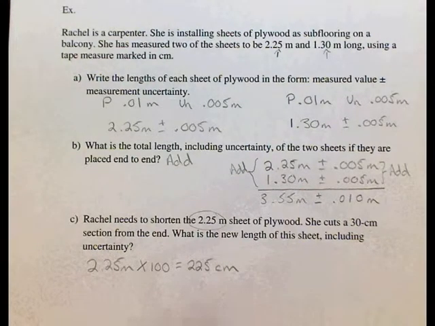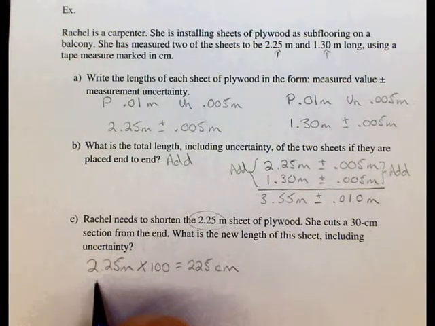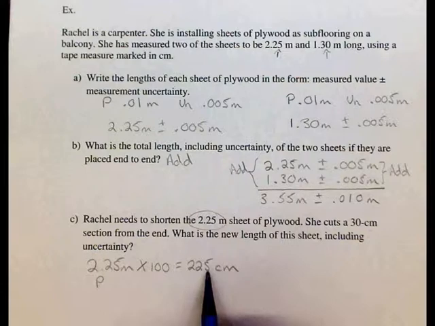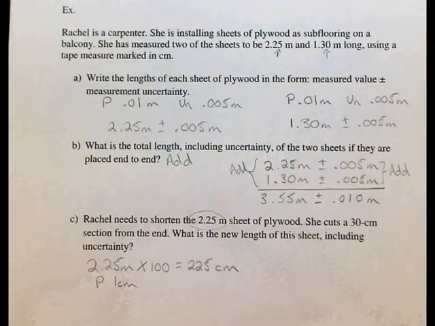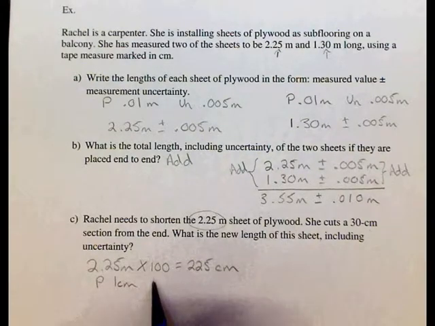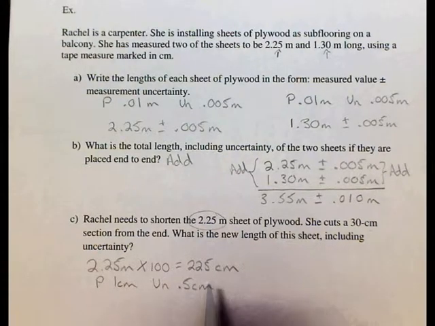From here, I get my precision. My precision on this piece, which is the 5, holding a 1's place value, is 1 centimeter. My uncertainty for this piece is half my precision. Uncertainty is 0.5 centimeters.